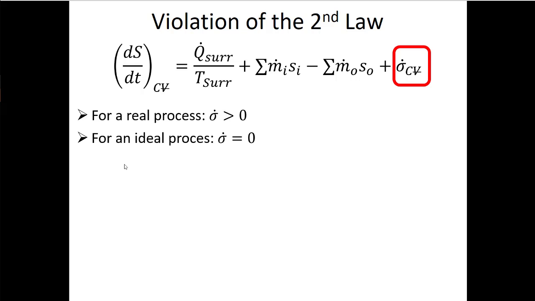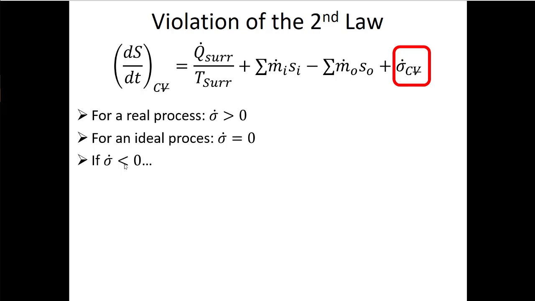Now, there's the limit of what's possible, and that's the ideal case, the case with no irreversibilities, when we're neglecting friction. That would mean sigma dot would be 0. So this is still actually not possible, but it's kind of the limit of what's possible.